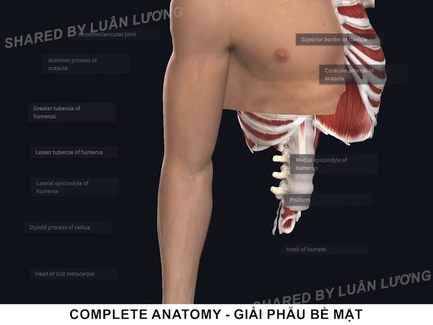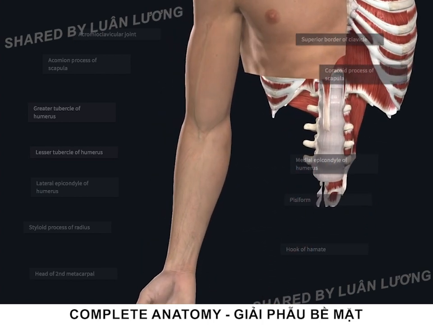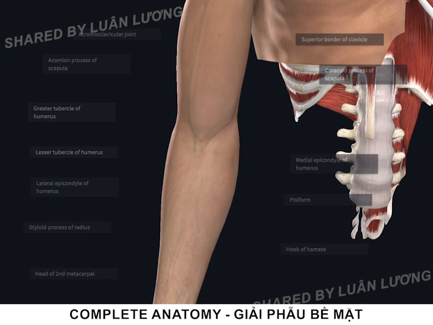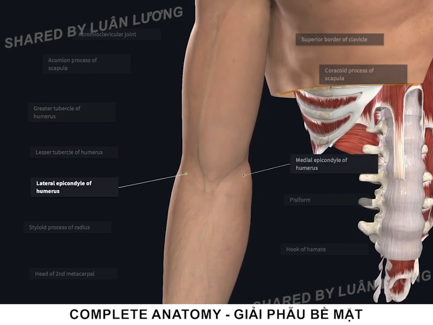As we move inferiorly towards the elbow, a physician is really going to be able to palpate quite easily the two epicondyles of the humerus, the lateral epicondyle on the lateral aspect of the elbow and the medial epicondyle on the medial aspect.